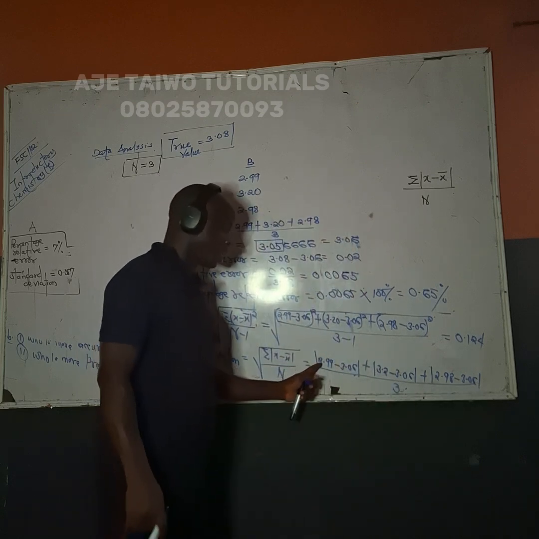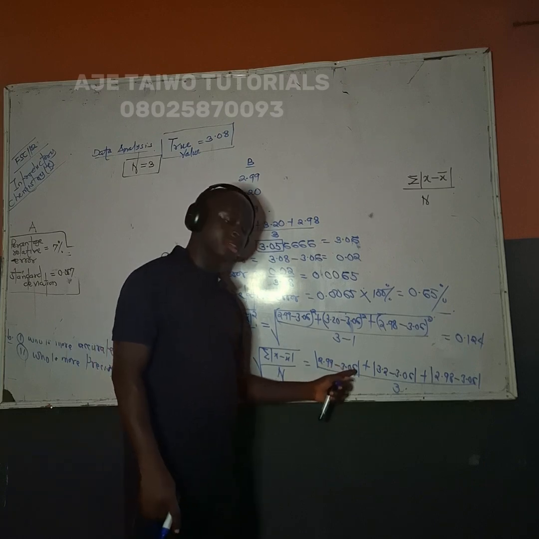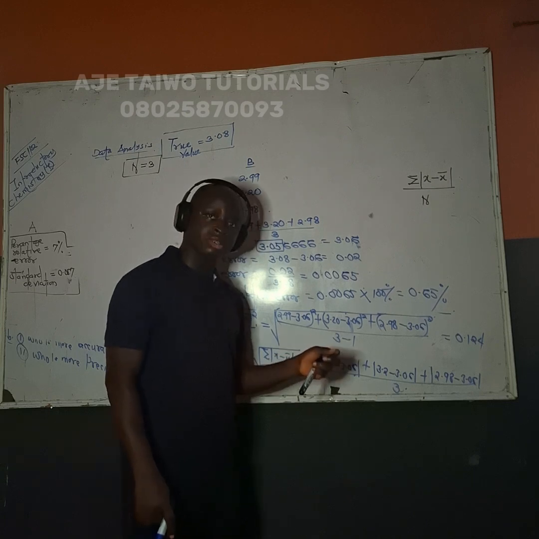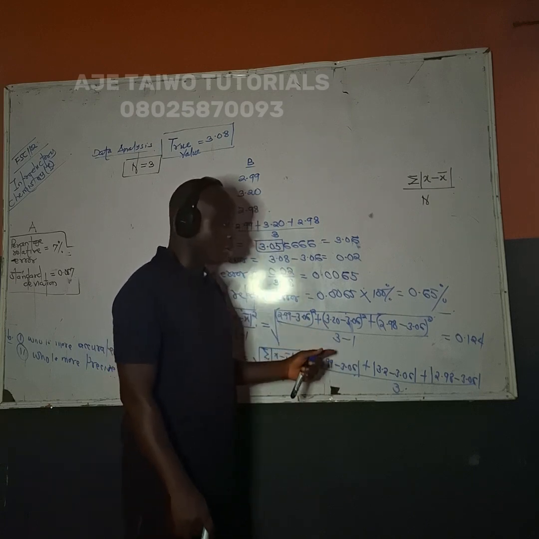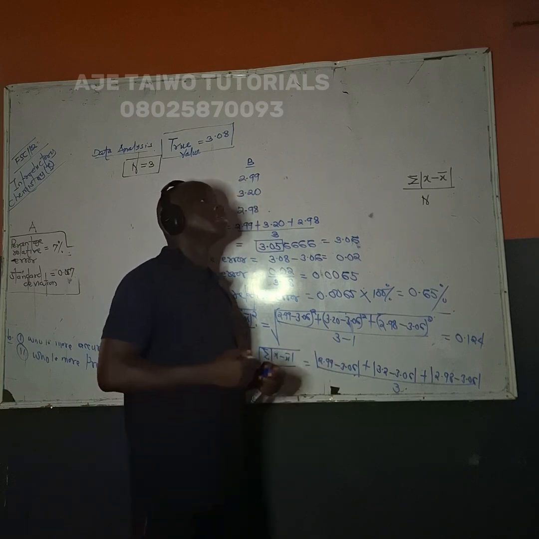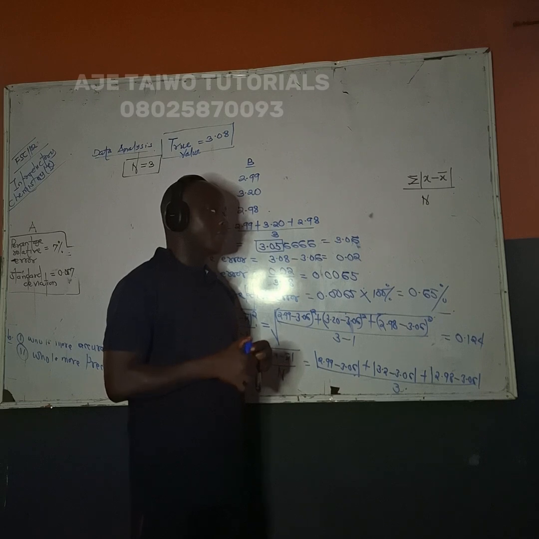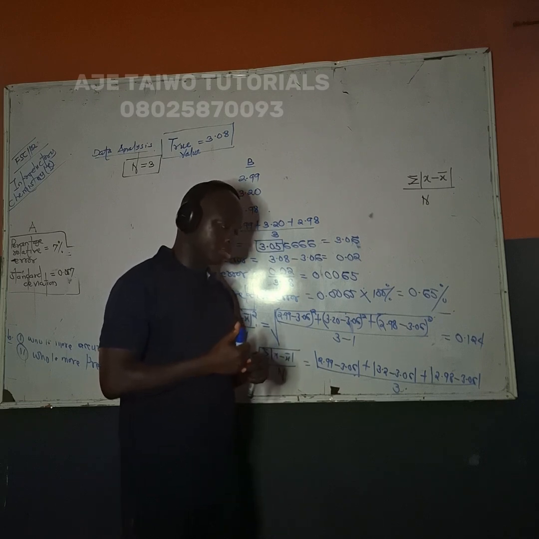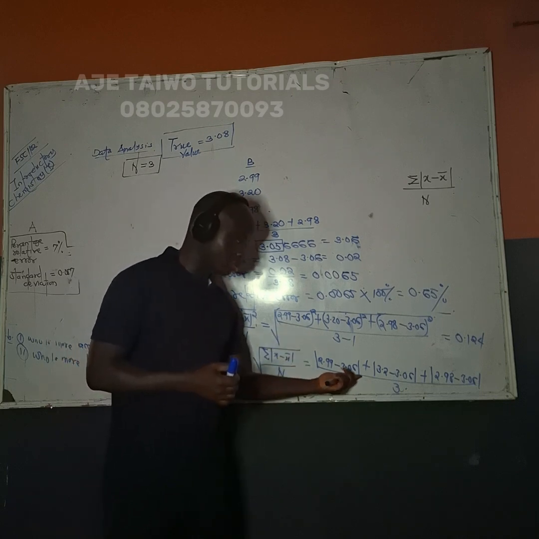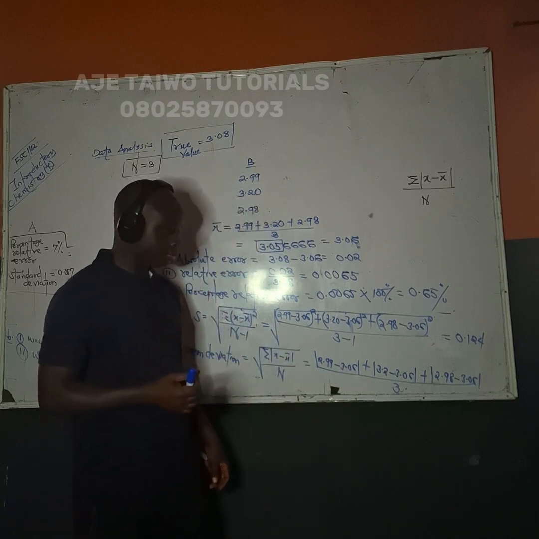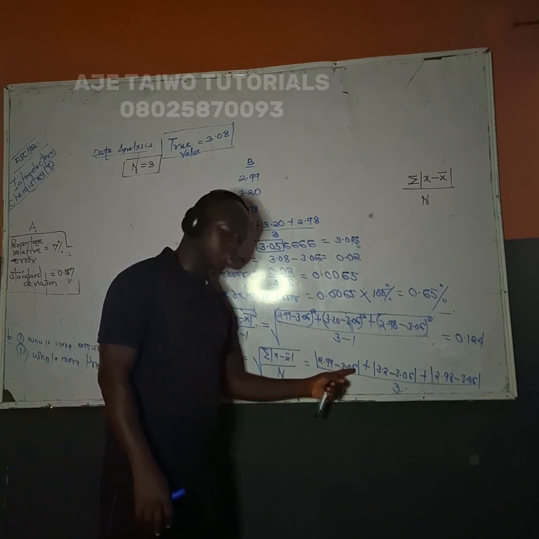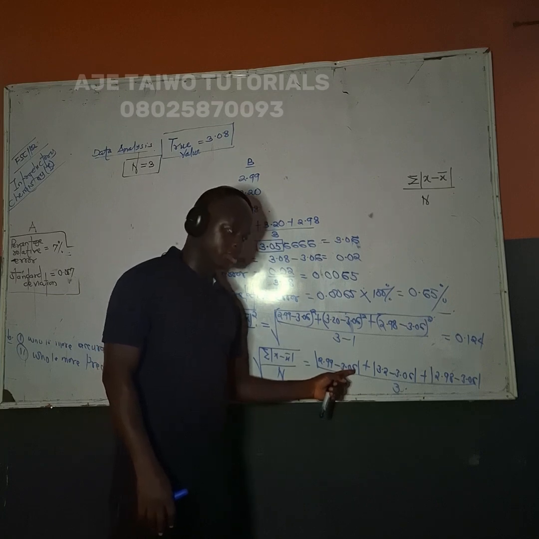But take note, 2.99 minus 3.06 is 0.07, not minus. Do you get that now? The calculator will give you minus.